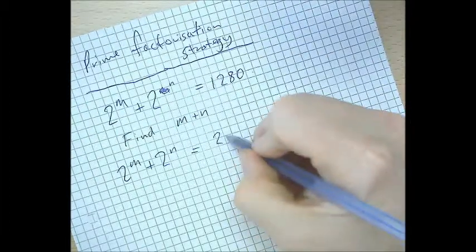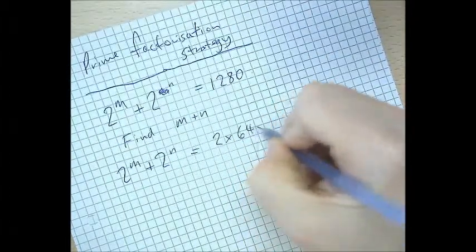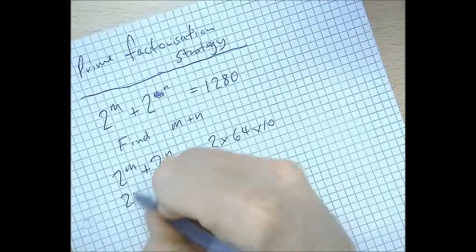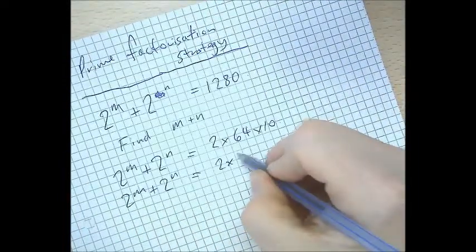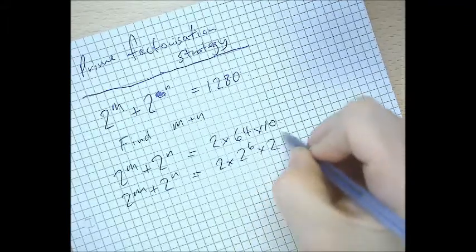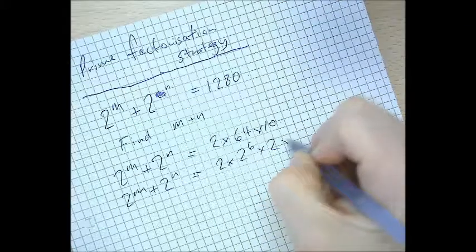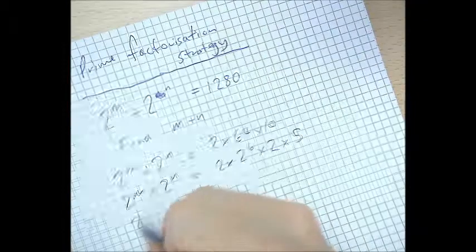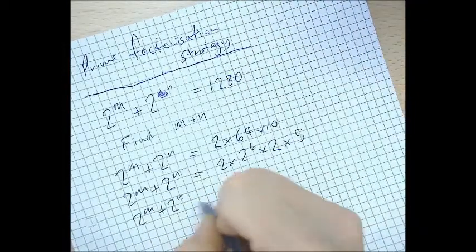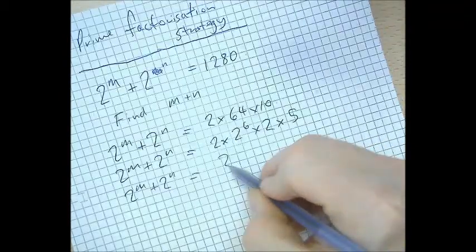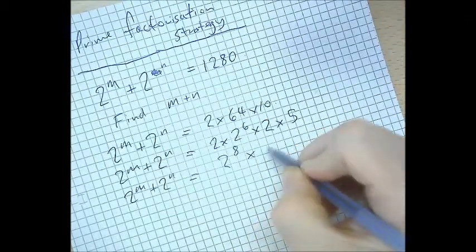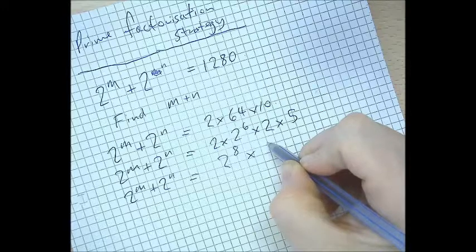So that's 2 times 64 times 10, which is 2 times 2 to the power of 6 times 2 times 5. So 2 to the power of m plus 2 to the power of n is equal to 2 to the power of 8 times 5.